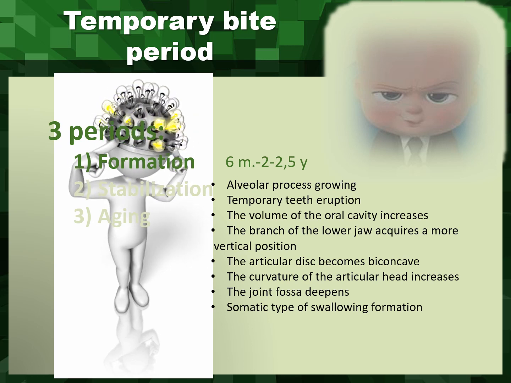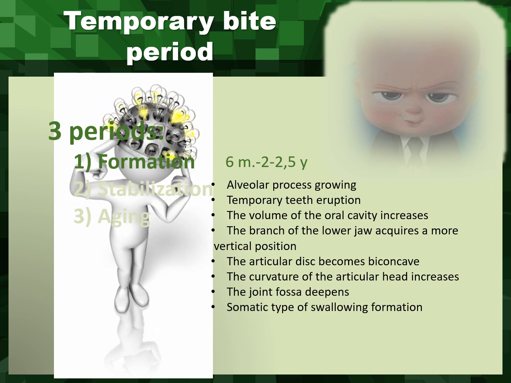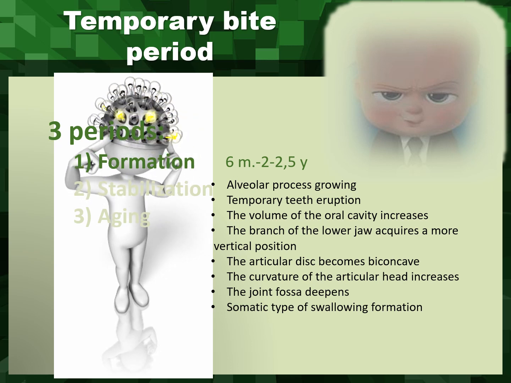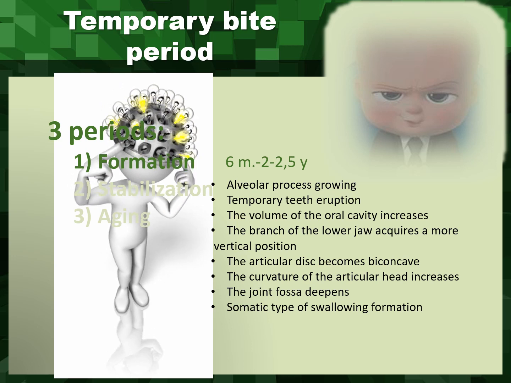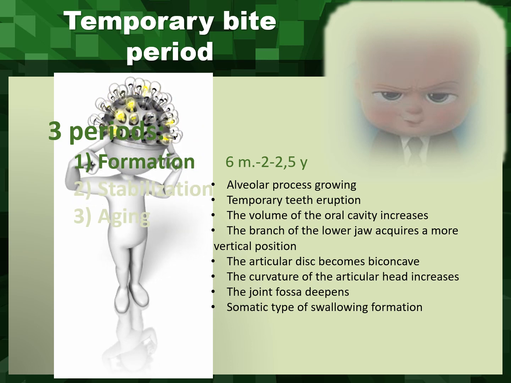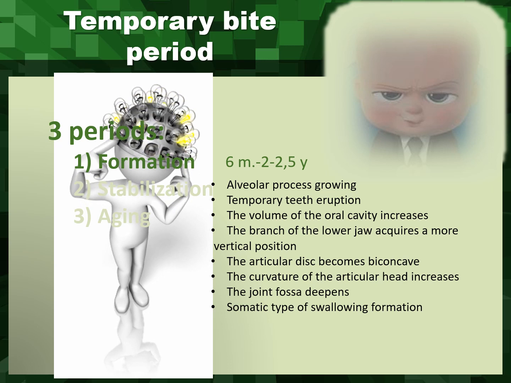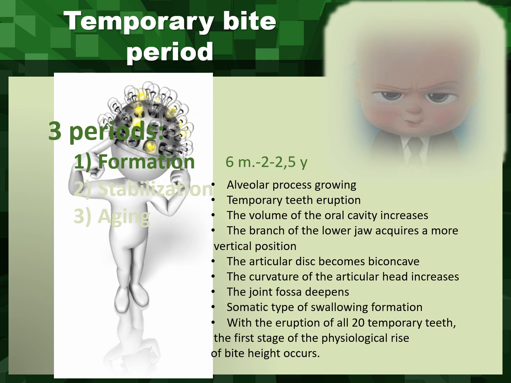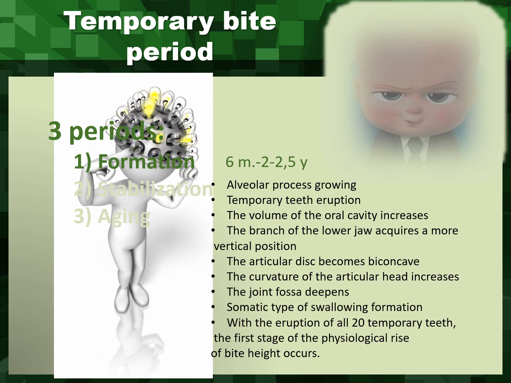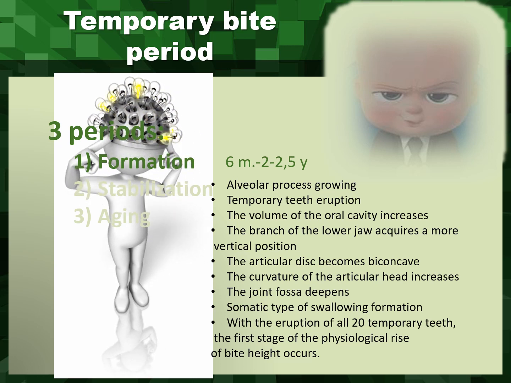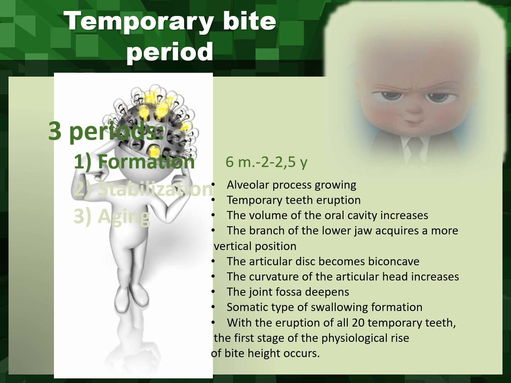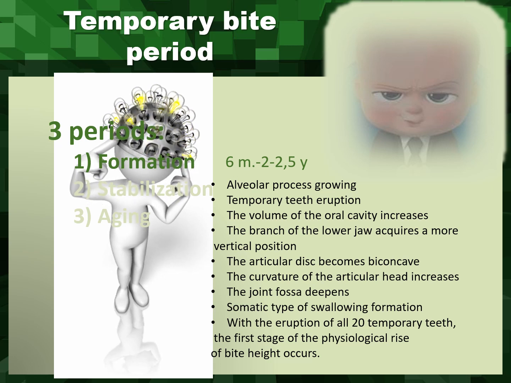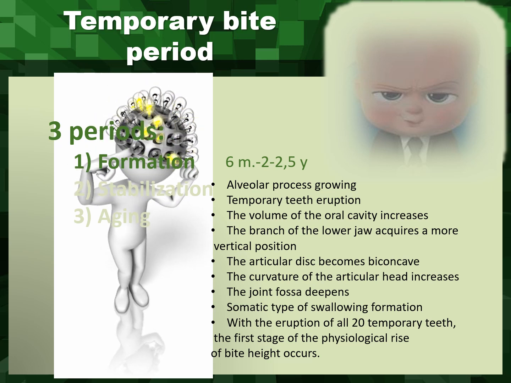But after eruption of teeth, the tip of the tongue pushes into the oral surface of teeth, and it's called somatic type of swallowing. With the eruption of all 20 temporary teeth, the first stage of the physiological rise of bite height occurs.